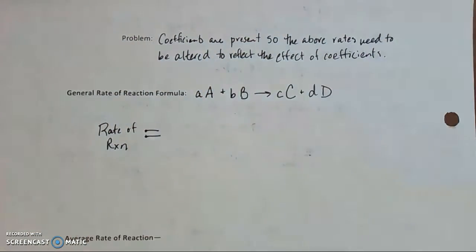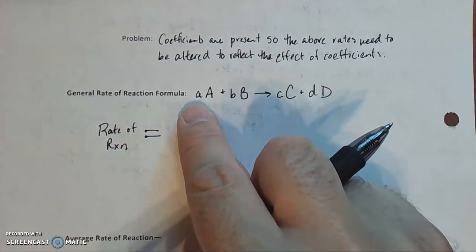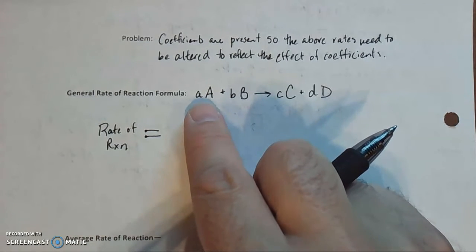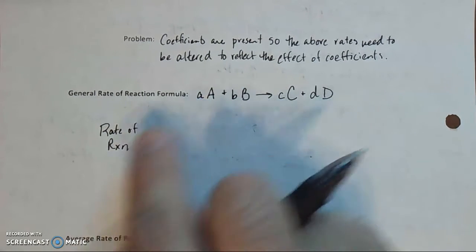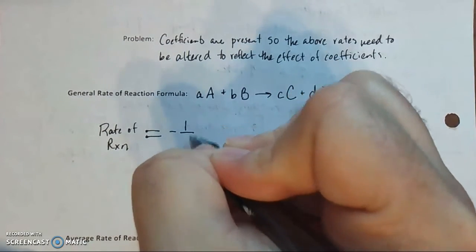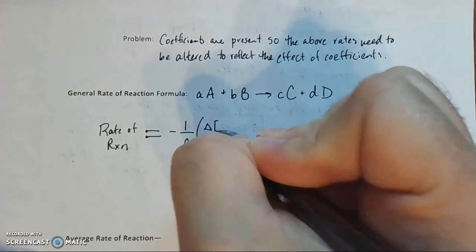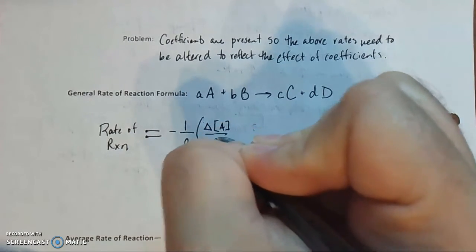let's put an equal sign there, is equal to, well, if we have a coefficient, whatever that is, we know that it's going to be negative because this is decreasing and we want our rate to be positive. So negative 1 over little a times the change in concentration of A over time.